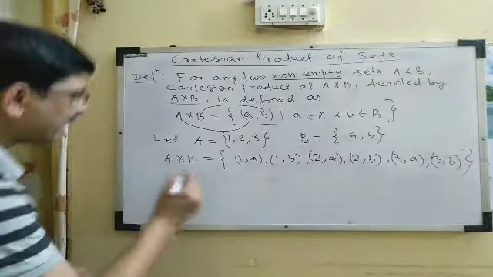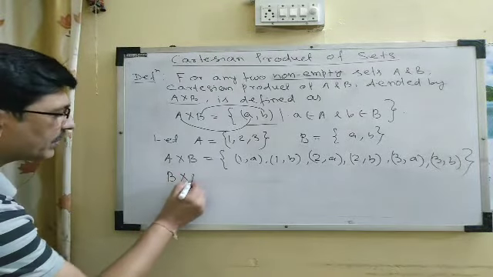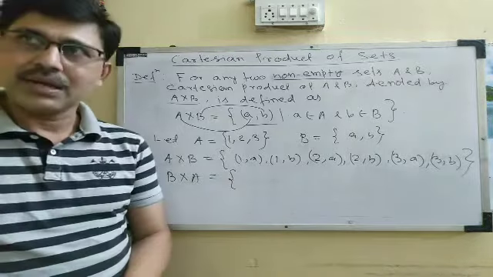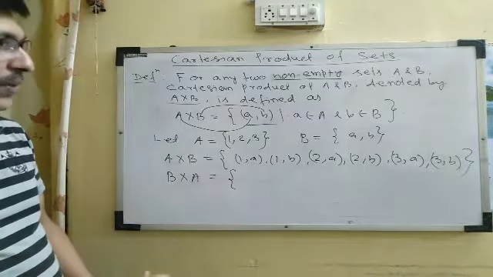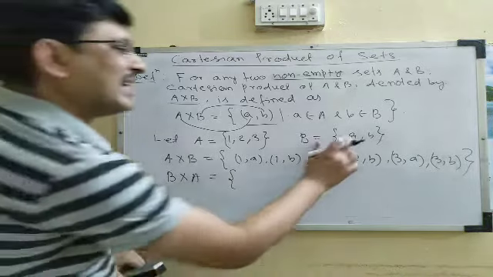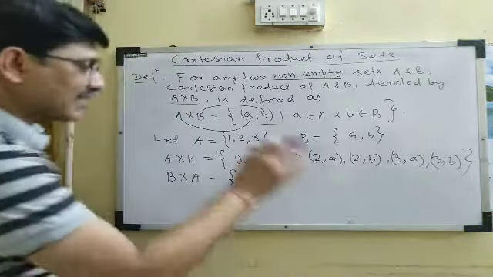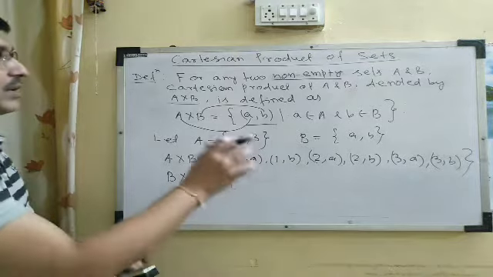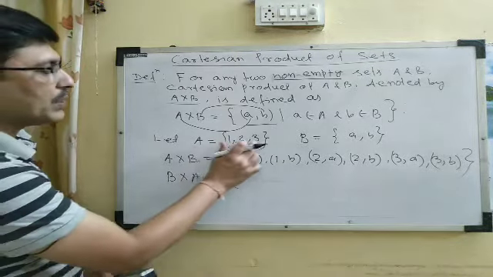So let us find B cross A. B cross A is also a collection of ordered pairs, in which the first component of the ordered pair is an element of B. That means the first component can be taken as either a or b. And the second component should be an element of A. That means the second component can be 1, 2 or 3.